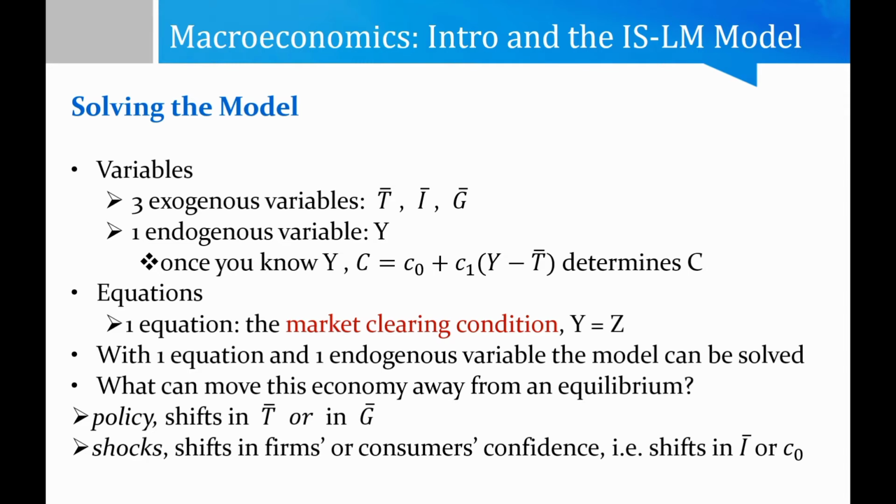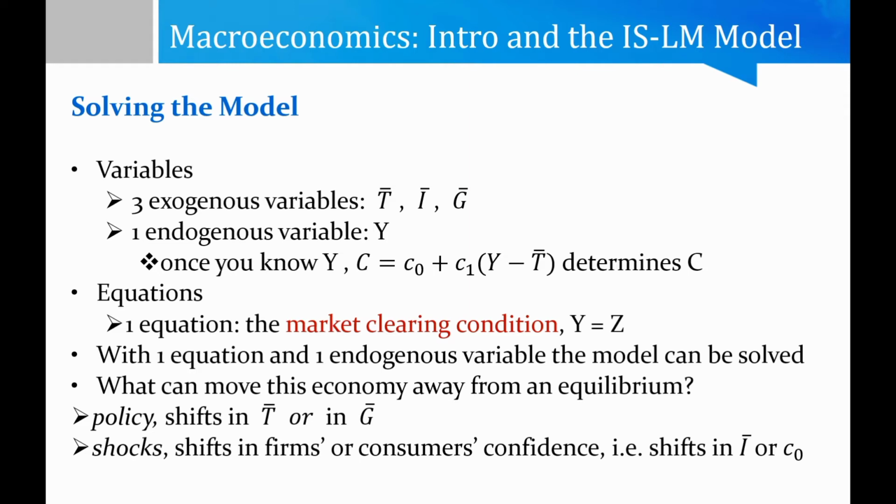Equilibrium happens if Y is equal to Z. Y stands for the supply side of the goods market, and Z stands for the demand side of the goods market. So later, we'll have an example on how to solve the equilibrium in the goods market.